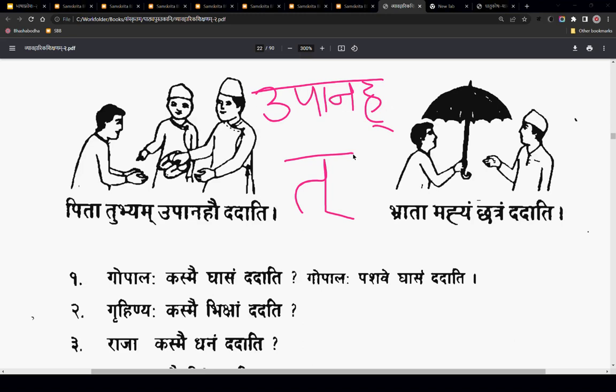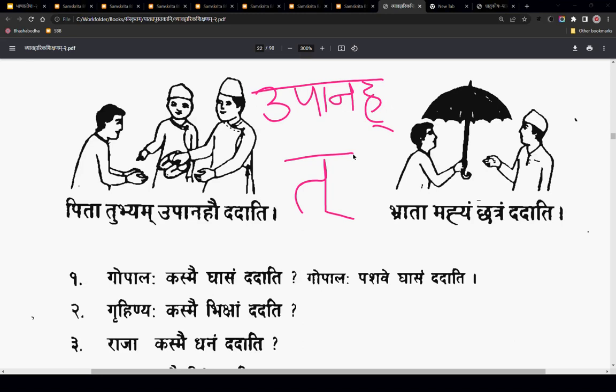Tritiya: upanaha, upanadbhyam, upanadbhih. Chaturthi: upanahe, upanadbhyam, upanadbhyah. Panchami: upanahah, upanadbhyam, upanadbhyah. Shashthi: upanahah, upanahoh, upanaham.